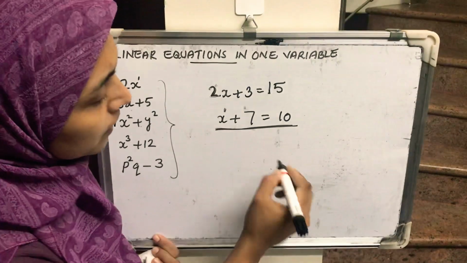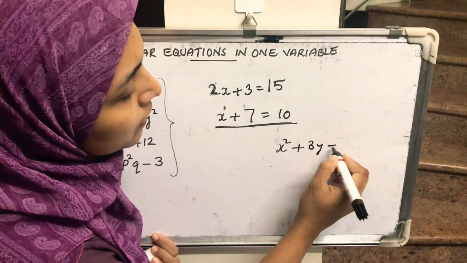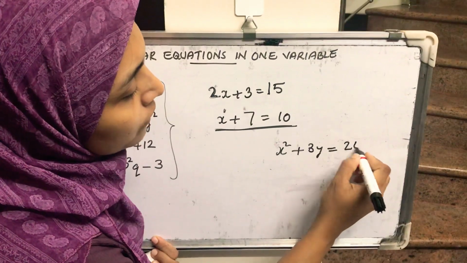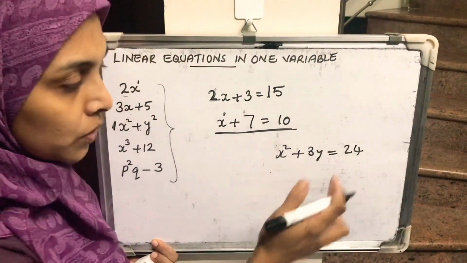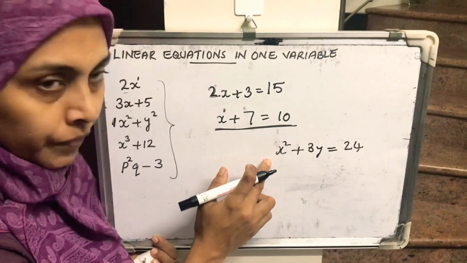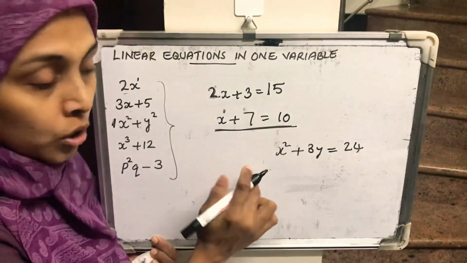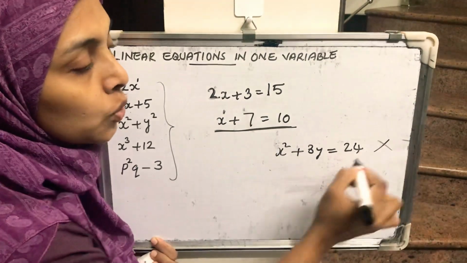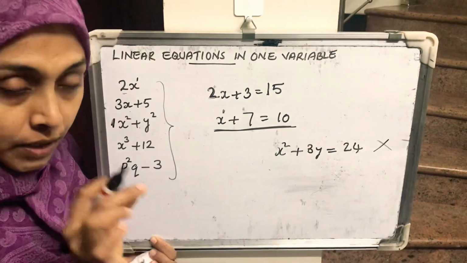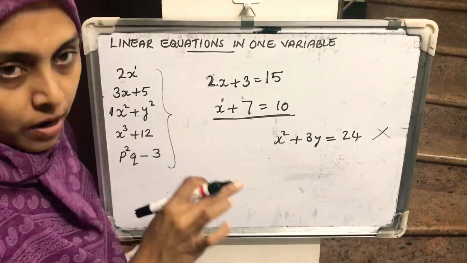You can see, for example, x square plus 3y is equal to 24. Here the power of x is 2, so it is not included in the set of linear equations. If it is a linear equation, the power of its variables should be 1.